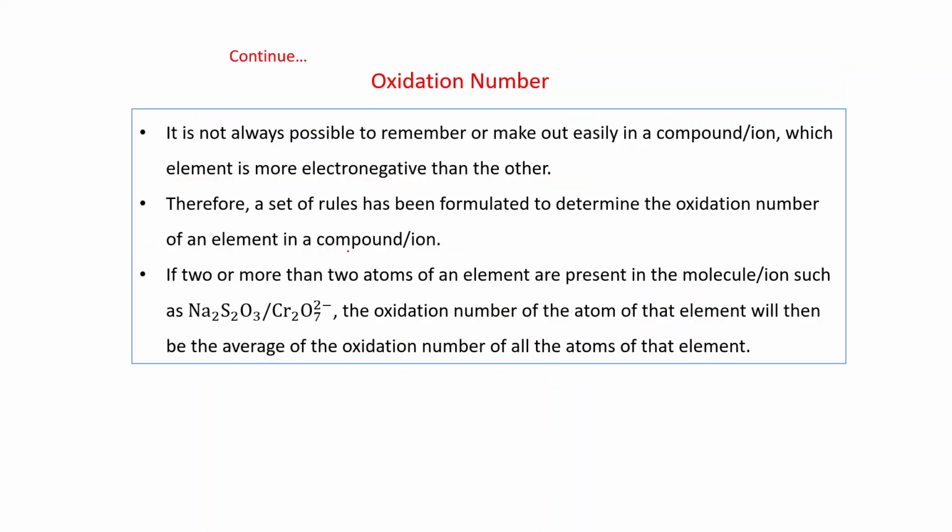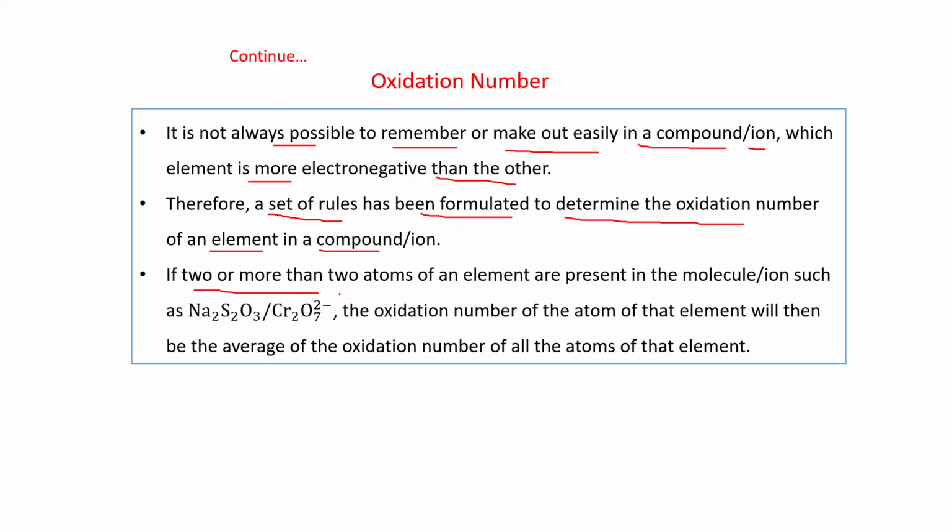But it is not always possible to remember or make out easily, in a compound or ion, which element is more electronegative than another. Therefore, a set of rules has been formulated to determine the oxidation number of an element in a compound or ion.